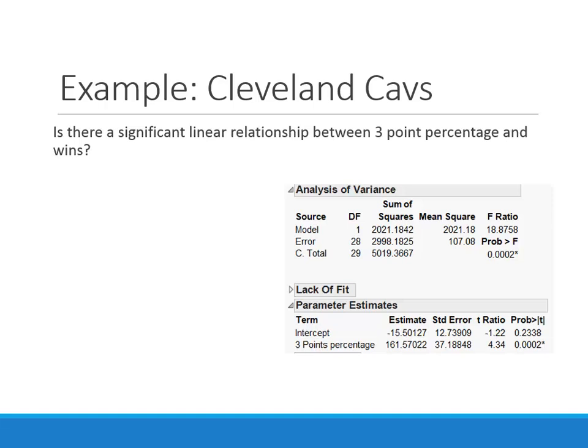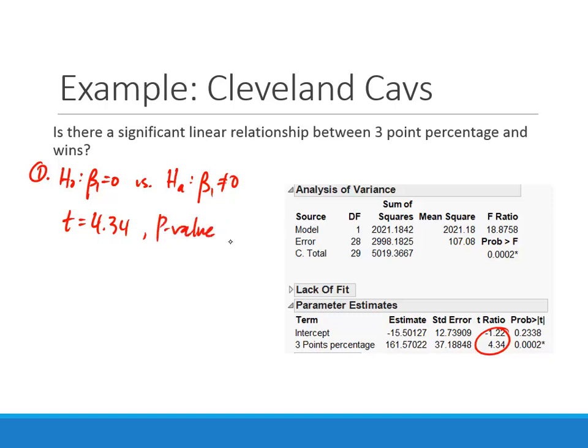T-test, absolutely, yeah. So the first way would be to test the hypotheses, beta 1 equals 0 versus beta 1 is not equal to 0. Your test statistic here is 4.34 with p-value of 0.0002.